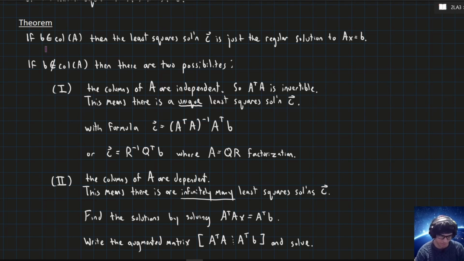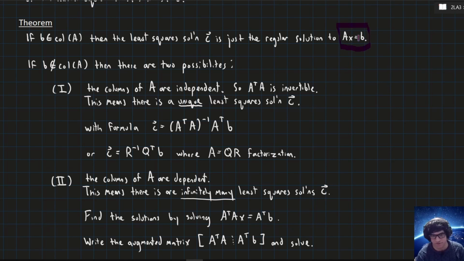Given the situation above, if B is in the column space of A, then the least squares solution is just the regular solution to Ax = B. Most of the time when we're thinking about least squares solutions, we're thinking about when there is no solution to this.